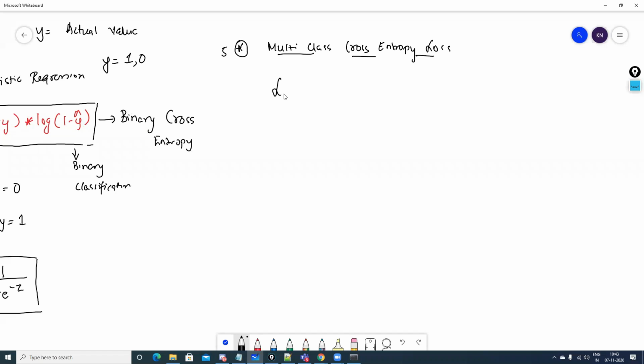My loss with respect to x of i and y of i is basically given as minus summation of j equal to 1 to c, and then here I will write y i of j multiplied by log of y hat i of j. I'll discuss this, what is this i of j?